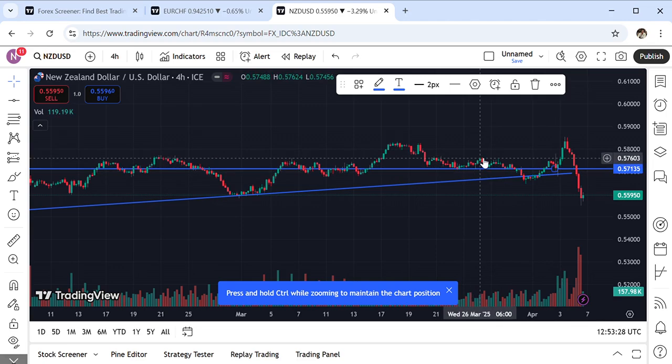You get my point? It's much lower than this particular shoulder. And in this trade, I took a buy. I did not take a sell on this particular trade. I took a buy on this trade, and I'll tell you the reason why I took a buy on this particular trade.